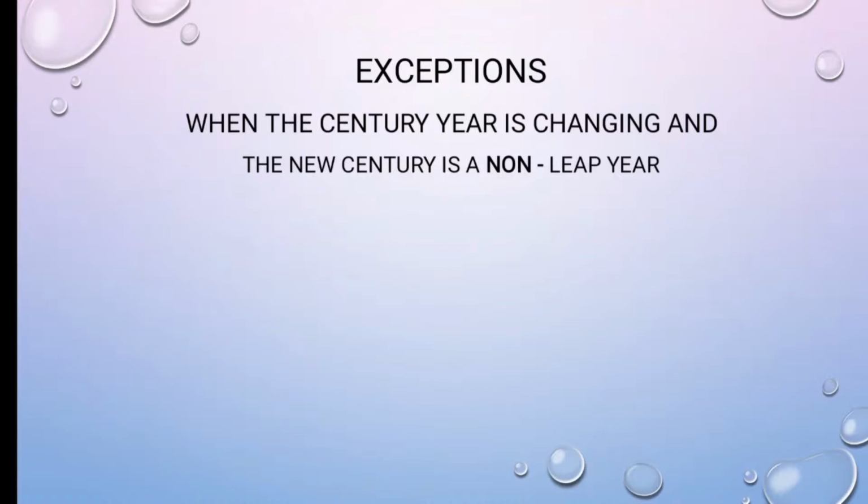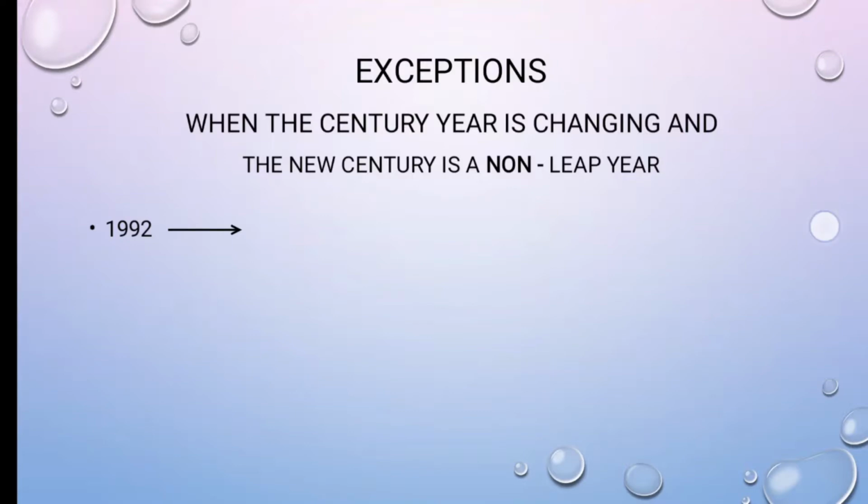In the last case, the exceptional case, you saw that the initial year was 1892 and the new year was 1920. So in this case, the century was changing from 18 to 1900, and the new century year 1900 was not a leap year. So in that case, the exceptions will be applied.